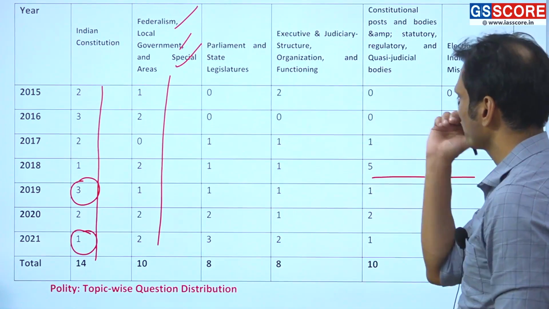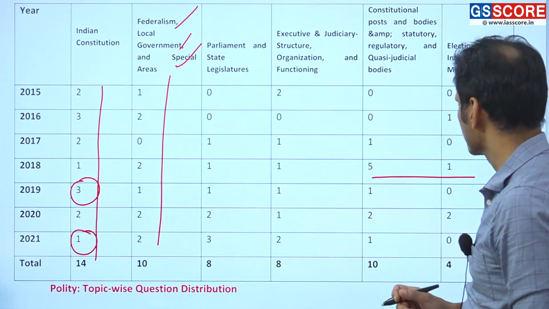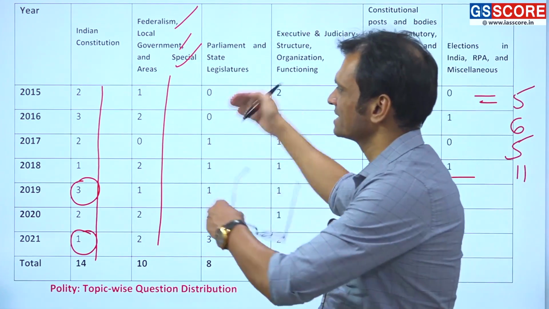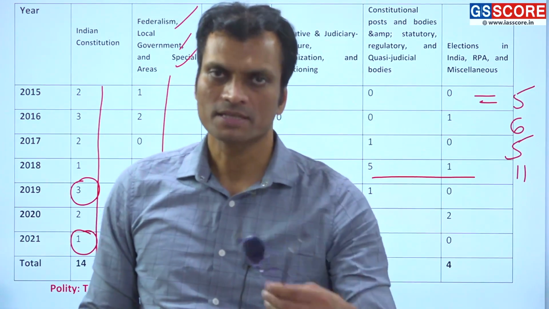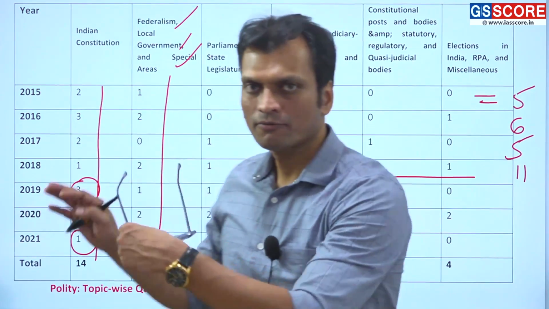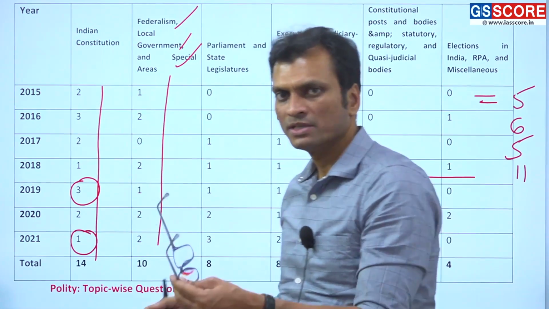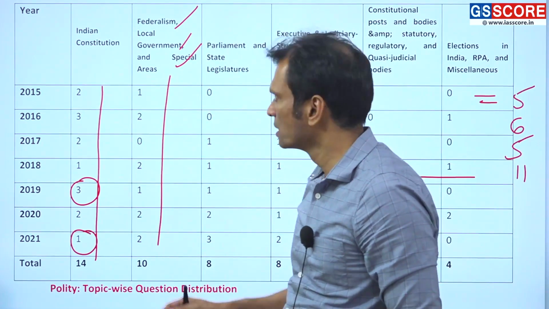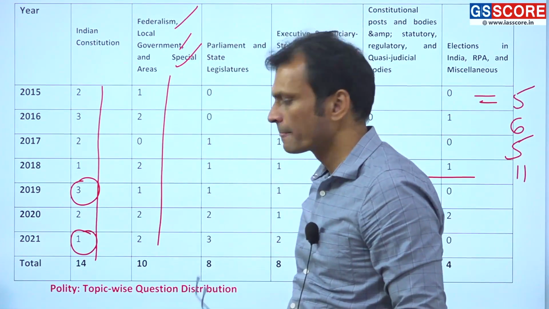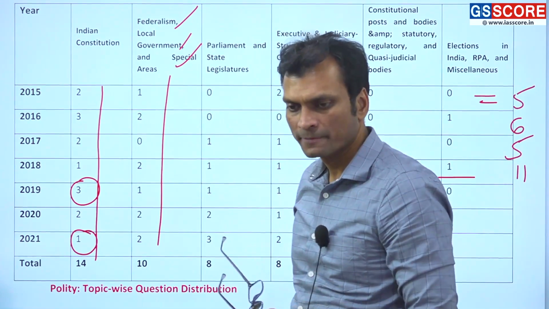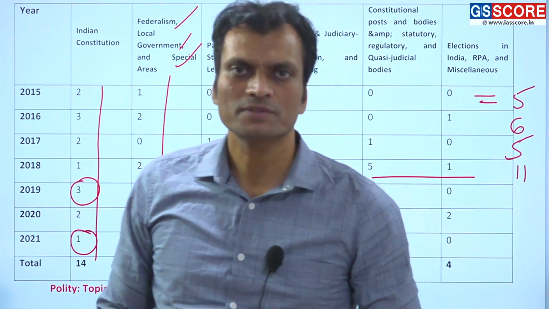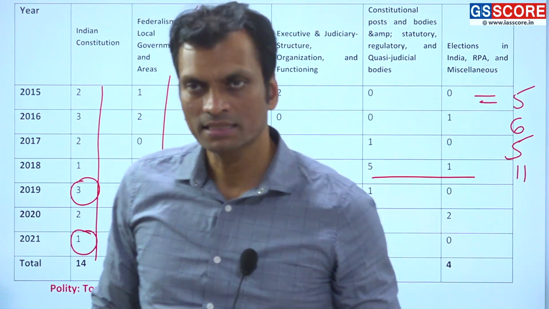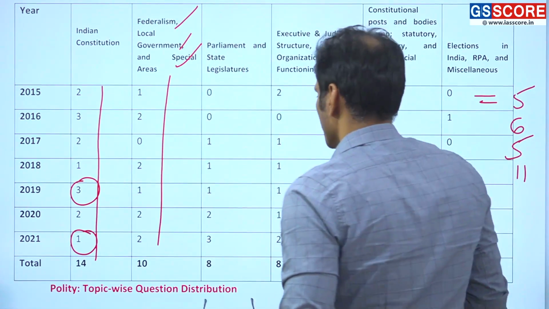So the number of questions can vary, because if it decreases here, it will increase through governance. Governance is part of polity, but for your understanding we have separated it into 2 videos: one for the core constitution, and another for the application of the constitution, that is, governance.